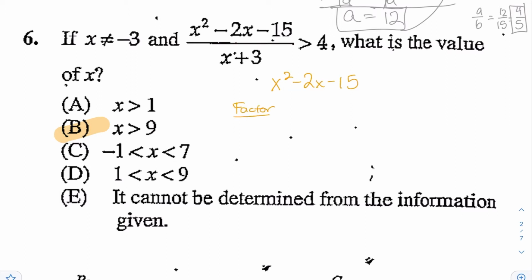And when you factor this, you want to factor the last digit, which is the constant term. Look for factors of 15, so 1, 15, 3, and 5, that combine to add or subtract to become a negative 2. So that's possible if we use these two numbers, specifically if 3 is positive and 5 is negative. So this would factor to x plus 3 and x minus 5.